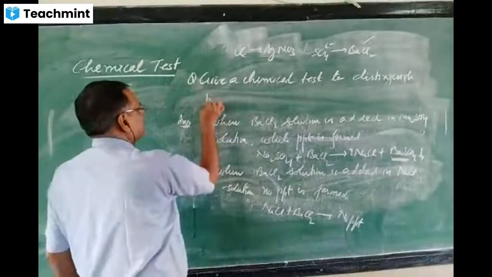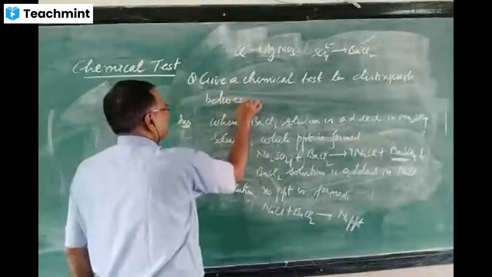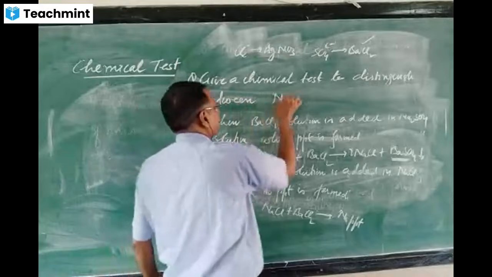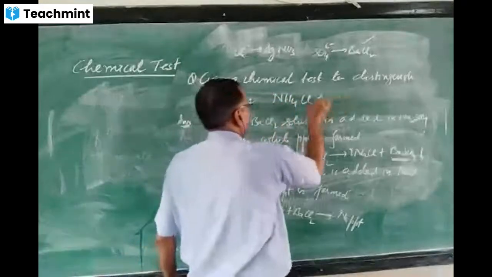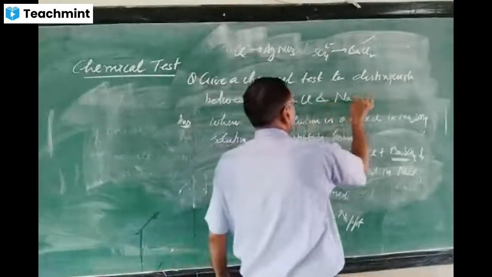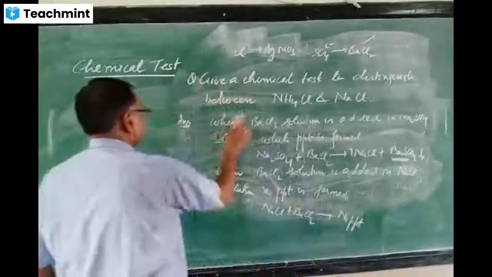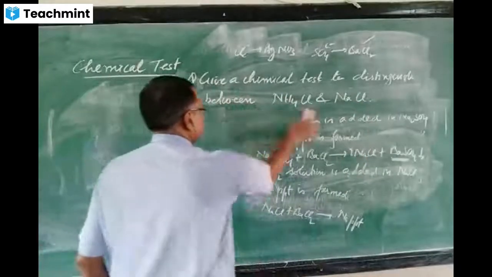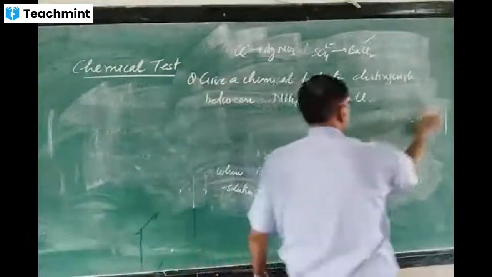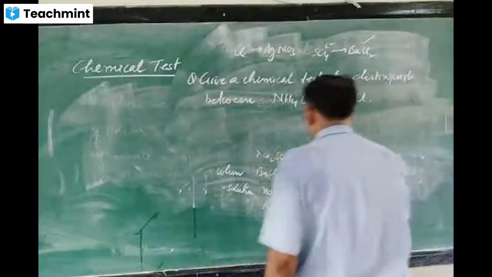Give a chemical test to distinguish between ammonium chloride and sodium chloride. Both are in a solid state, and we have to differentiate between ammonium chloride and sodium chloride.